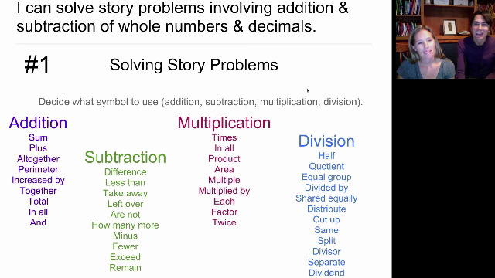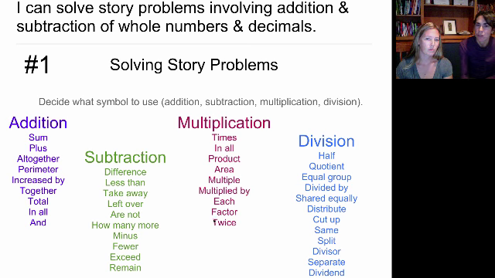Another really common one, when you think about subtraction, we have like difference or fewer than. Those are really common ones for subtraction. Here's a list of all of them, but you don't have to write them all. We just want you to be familiar with some. For multiplication, we often think of times or in all.